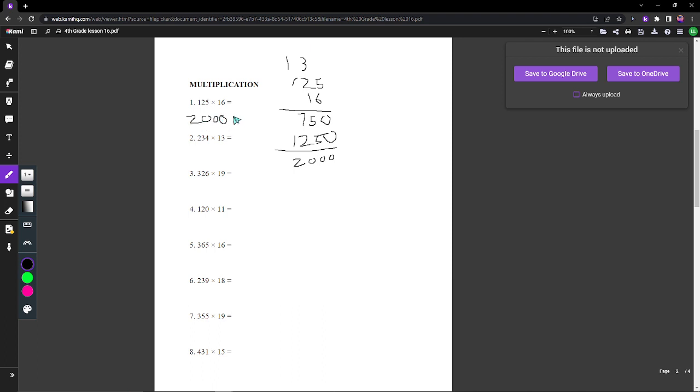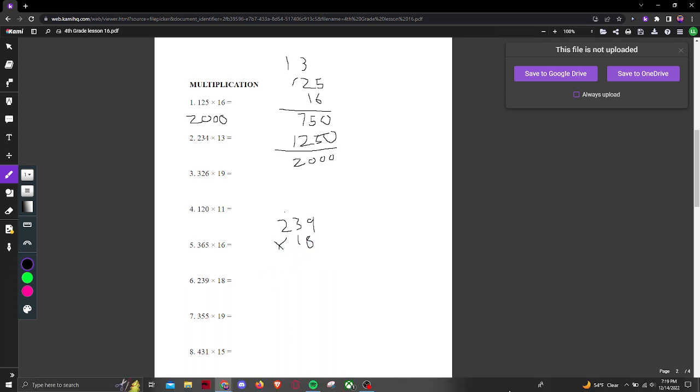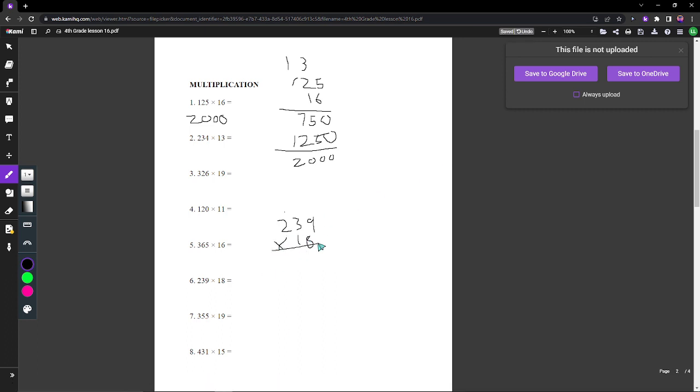That would be how you would do number 1. And pretty much you just rinse and repeat for every single other equation. Let's do that again for number 6. Let's do 39 times 18. 9 times 8 is 72.